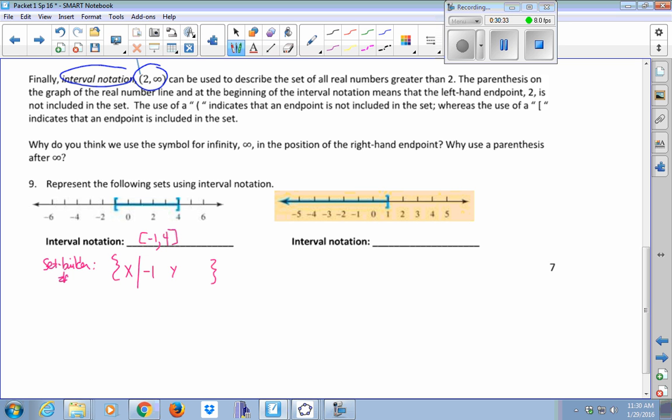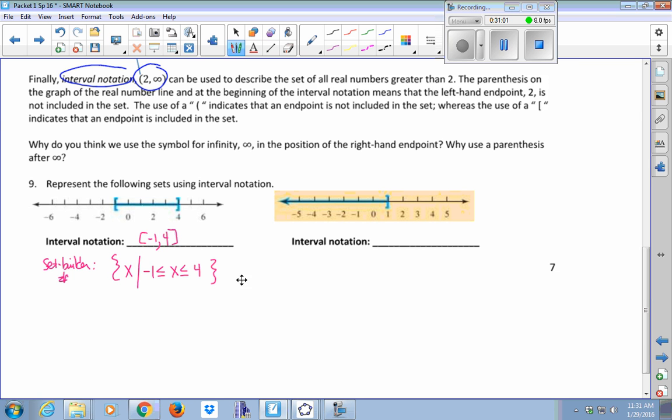Yeah, so x has to be in between -1 and 4, and so that's where I use my inequality symbols. Okay, so x, you cover up the left-hand side with your hand like I'm doing, and you say x has got to be less than or equal to 4, right? Then you cover up the right-hand side and say, oh, x, and then you read right to left, x is greater than or equal to -1. And that describes that set with set builder notation.